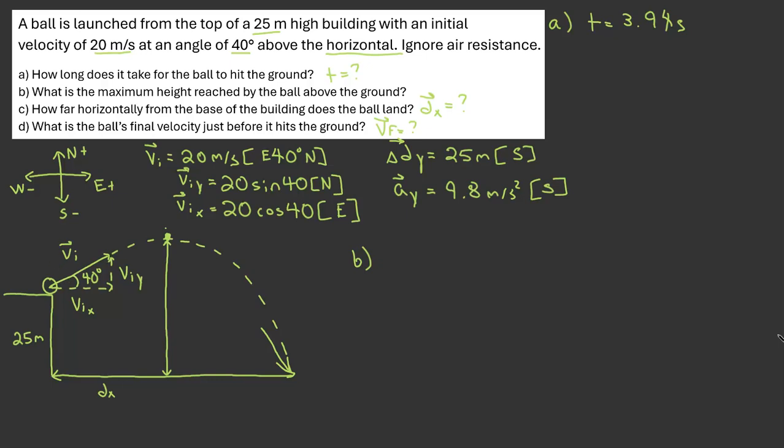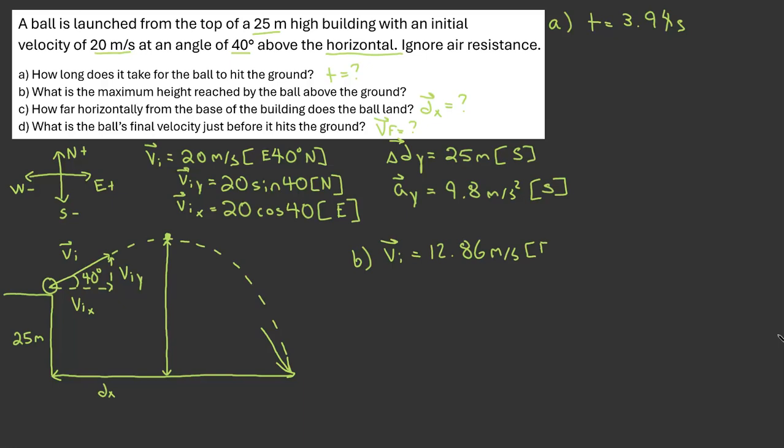I know that, and if I'm comparing this point to this point here, I can essentially say that my initial velocity is equal to our 20 sine 40, which we calculated already and got about 12.86.